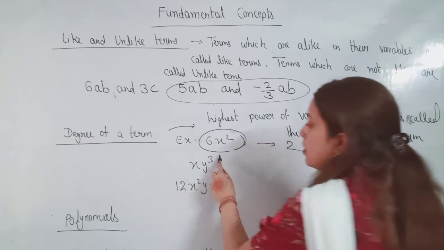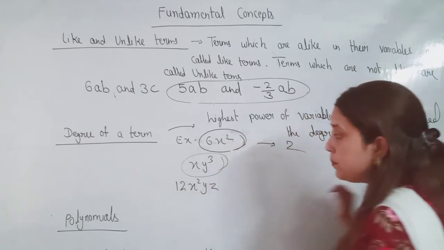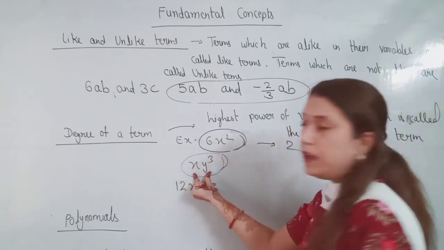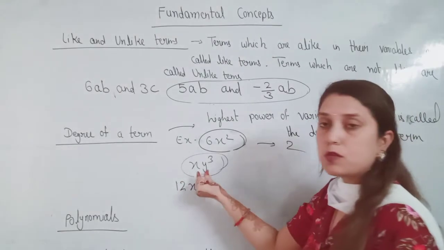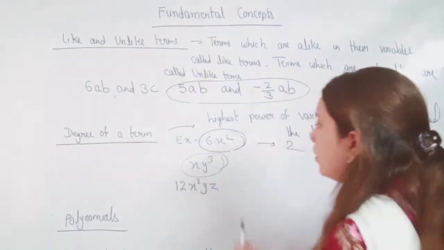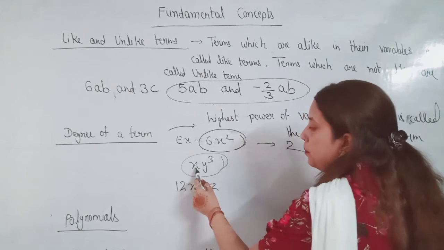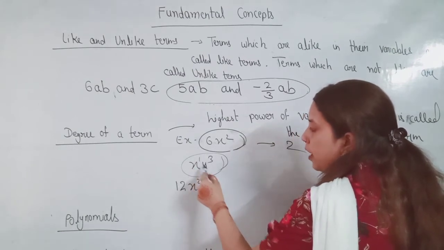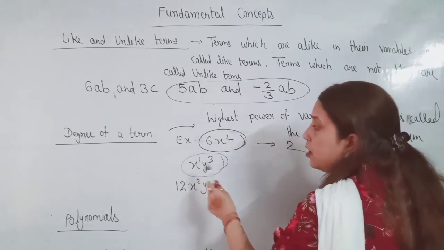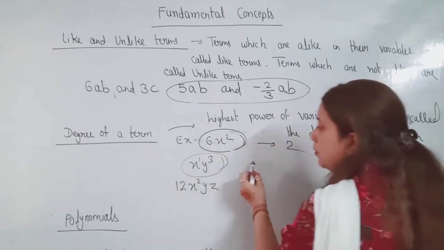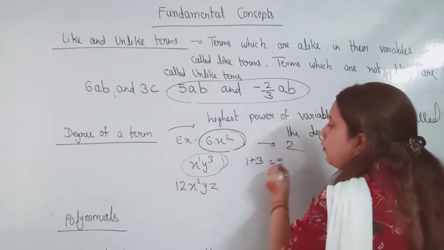Okay, next xy cube. In this term there are two variables, x and y. So how to find the degree? We will add the powers. The power of x is 1 and the power of y is 3. So the degree of this term will be 1 plus 3, 4.